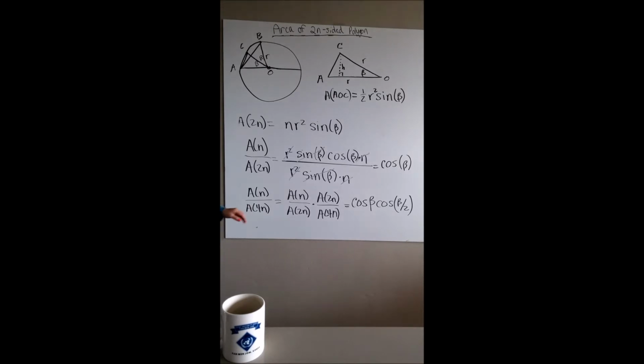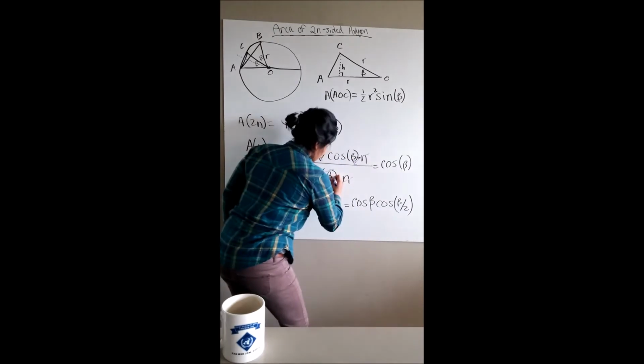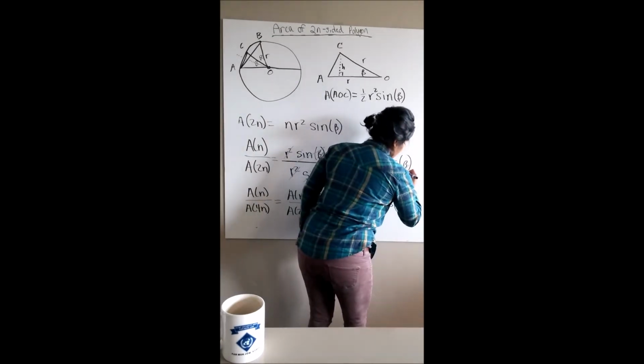The right component, however, we can figure out by re-examining what we just did. If we draw an angle bisector from O to a point on the circle between A and C, such that the angles are beta over 2, then we can replace all of these betas with betas over 2.